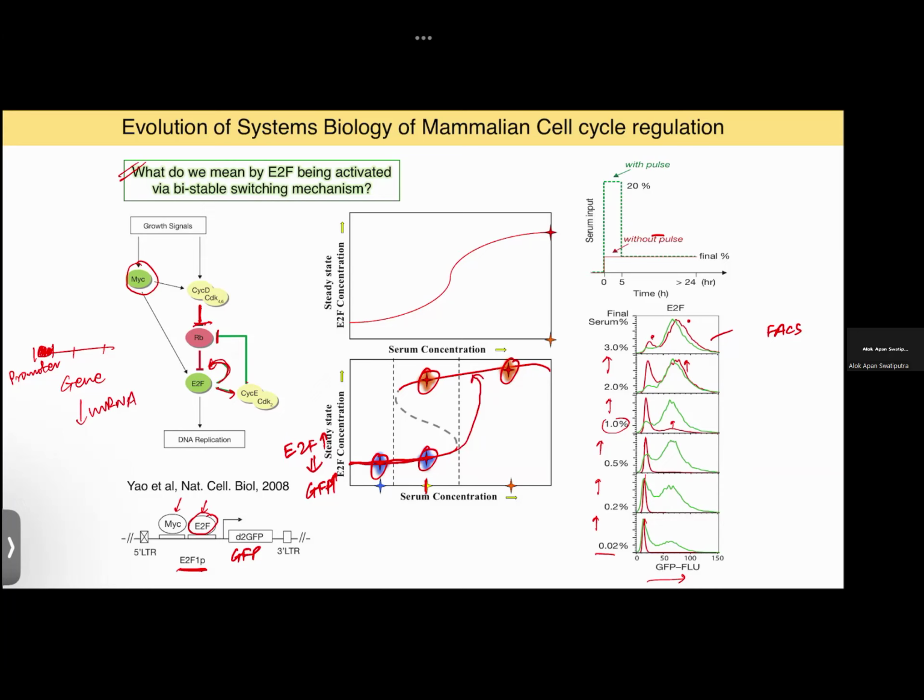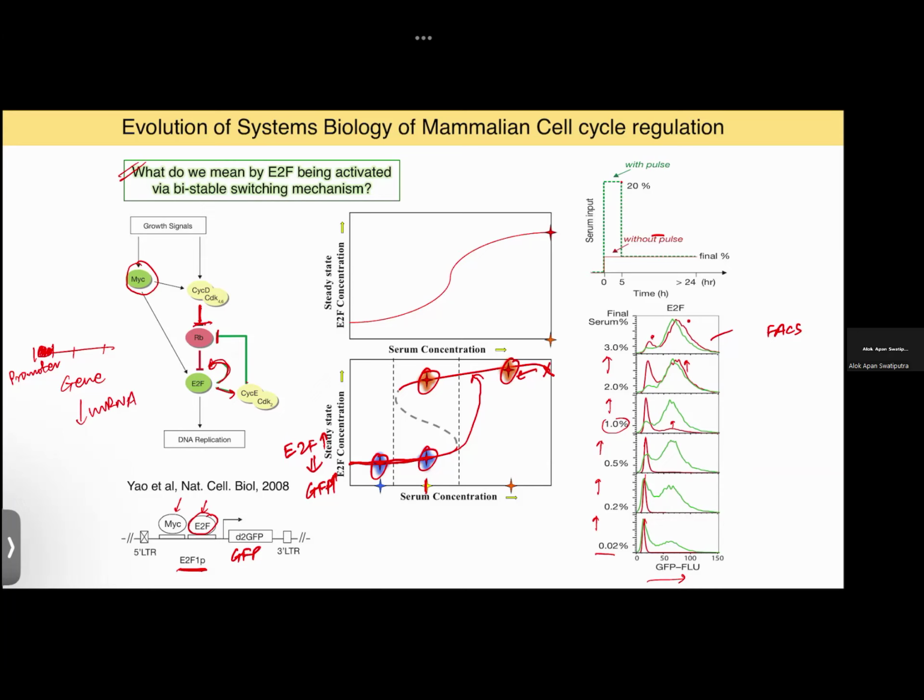Now, how do you do the reverse experiment? Here they put a pulse of 20% serum, which is extremely high. Once you put a 20% serum pulse, all the cells transit to the high state.